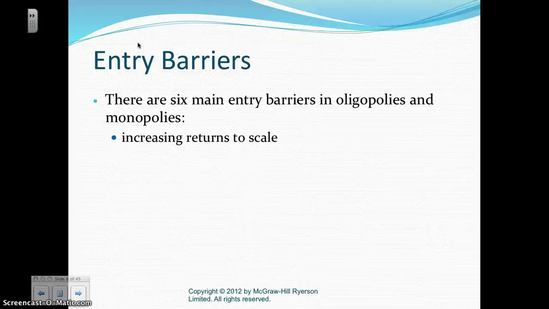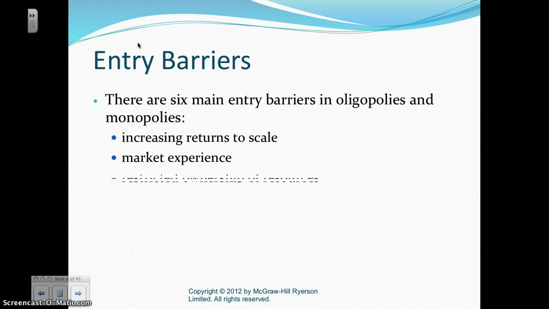So a new business will have decreasing costs, with output increasing in the long run, and new companies entering the market will have a hard time competing. So they have market experience, which is relatively self-explanatory, and restricted ownership of resources.